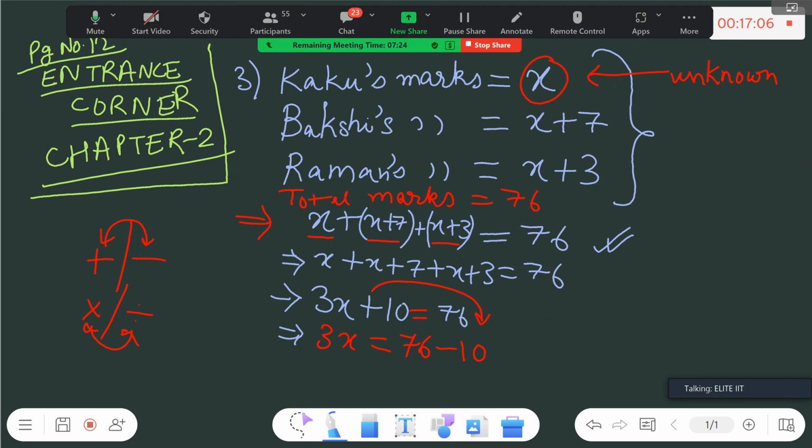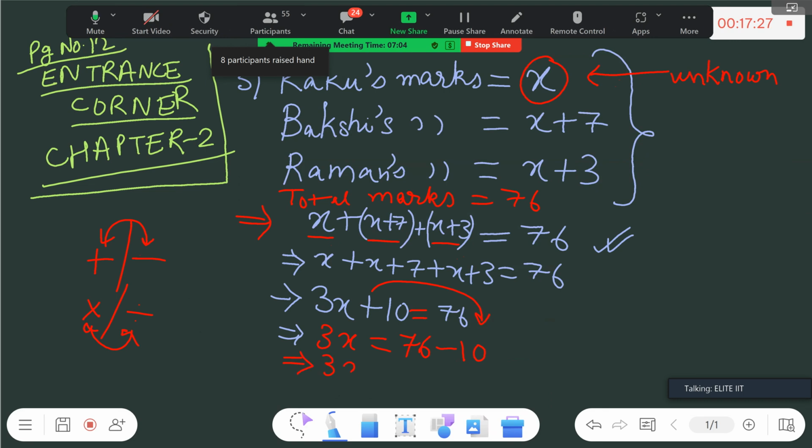Now we'll keep the x terms on the left hand side, which is 3x, and take the number terms, which are constants, on the right hand side. Since 10 is plus on the left hand side, it will become minus on the right hand side. So it will become 3x equal to 76 minus 10.